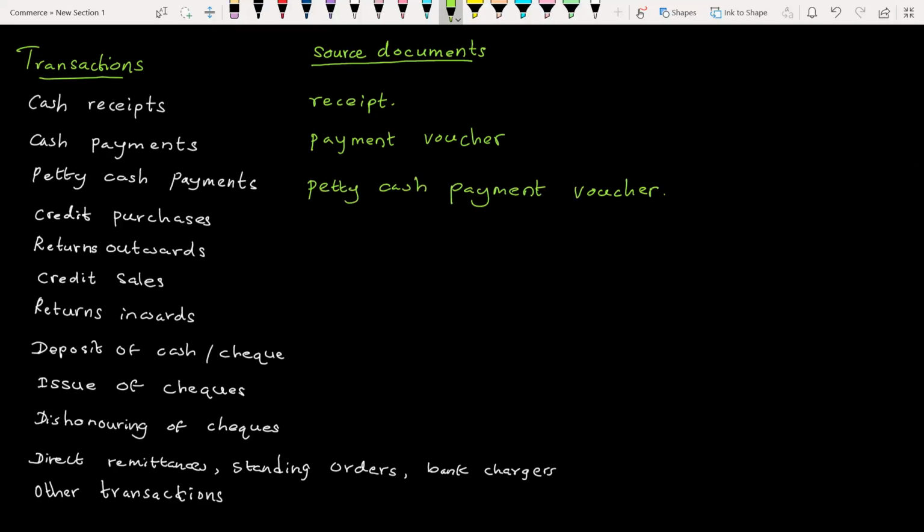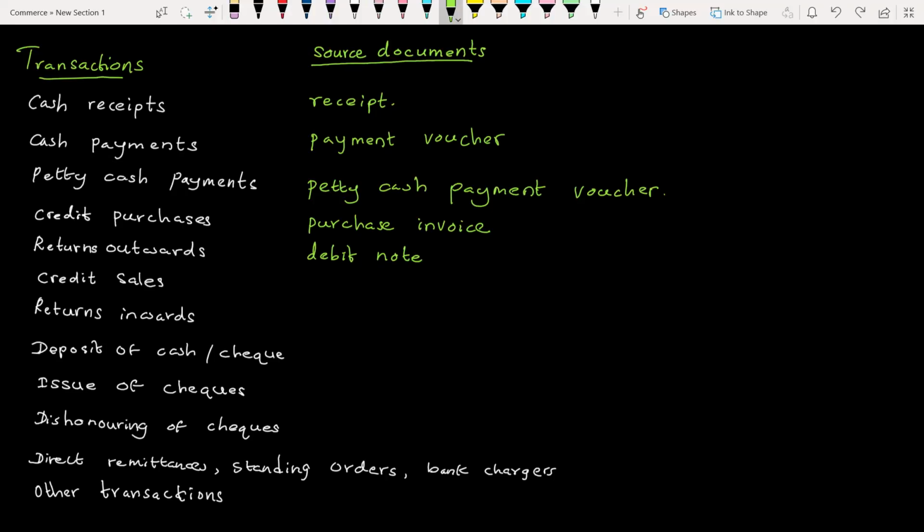Then credit purchases. This means when the business purchases goods on credit basis. The relevant source document is purchase invoice. Then returns outwards. Returns outwards are the goods returned by the business to its supplier or suppliers. So the relevant source document is debit note.